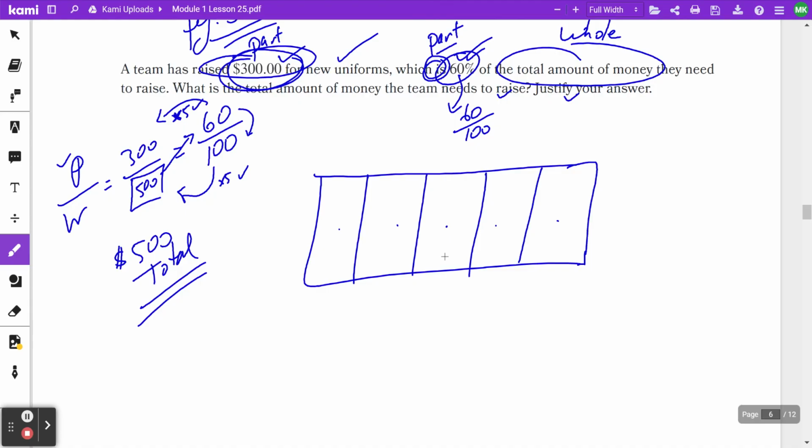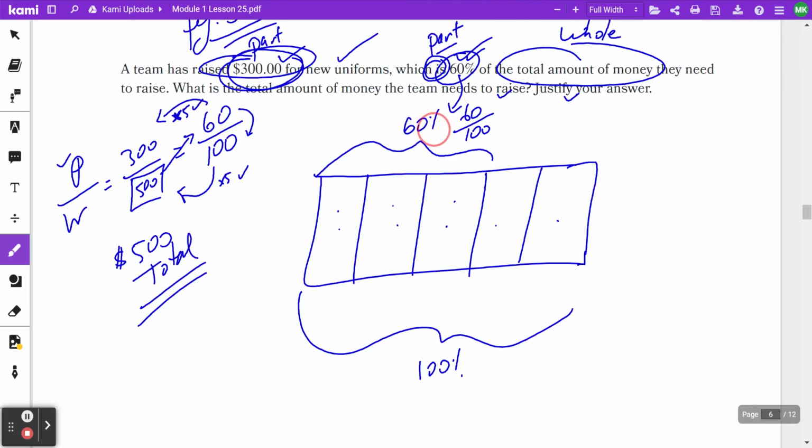So if I split this into 5 boxes, that'll do it, right? So if the whole thing is 100%, 20, 40, 60. So here is my 60% right there, which means every box is worth 20%, right? There you go. 20%, 20%, 20%.